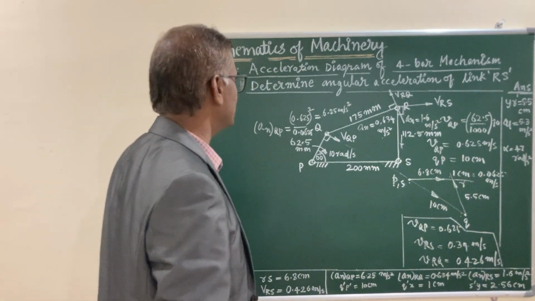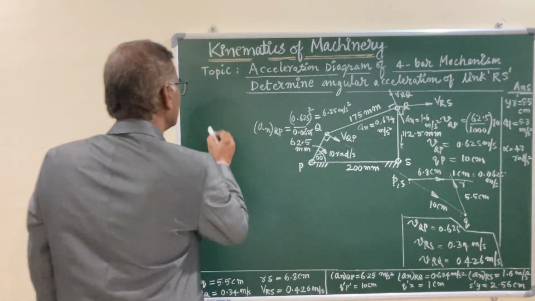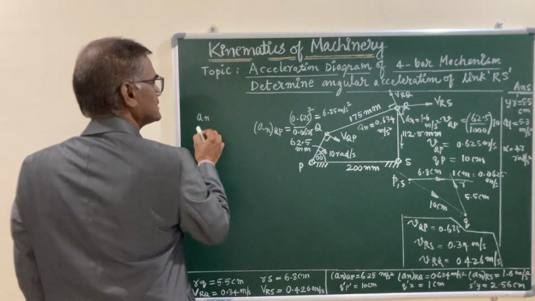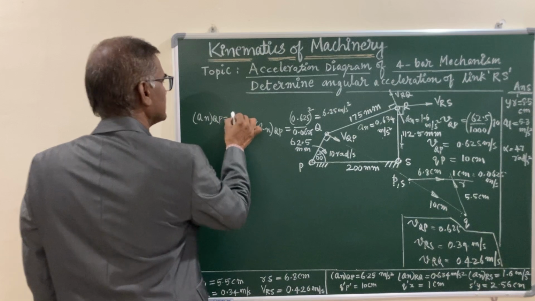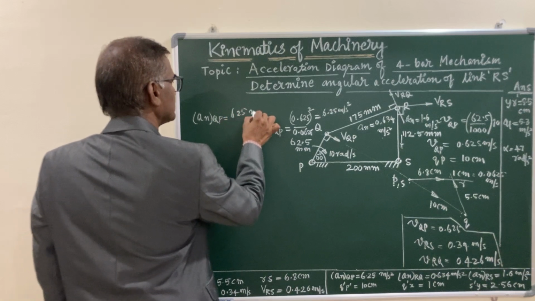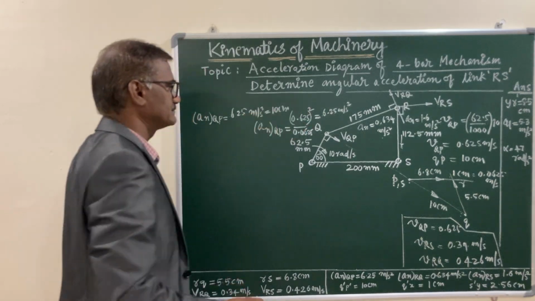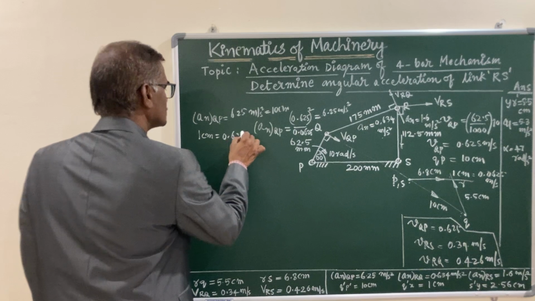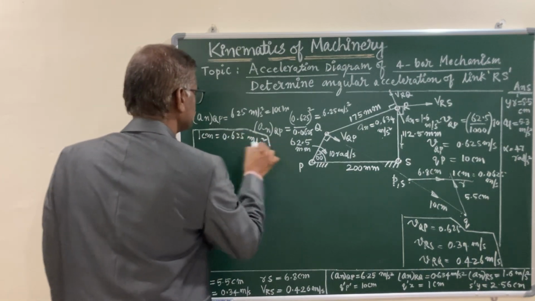Now you proceed to draw the acceleration diagram and let us adopt a scale. The normal component of acceleration of q with respect to p is 6.25 meters per second square, that you take as 10 centimeters length. That means 1 centimeter becomes 0.625 meters per second square. This is your scale.